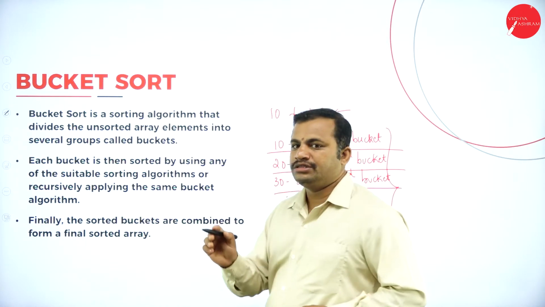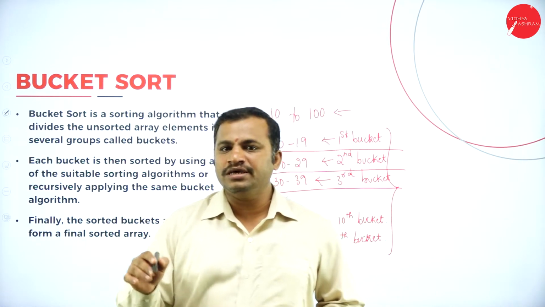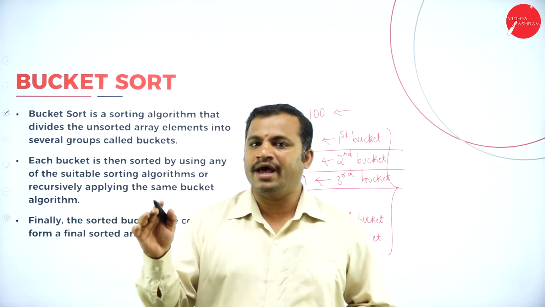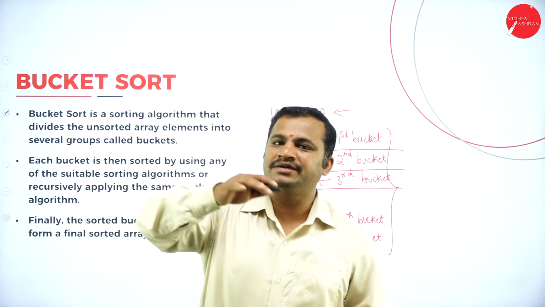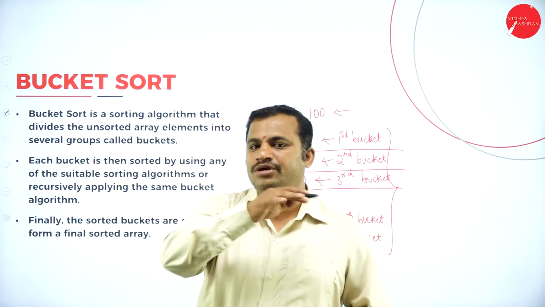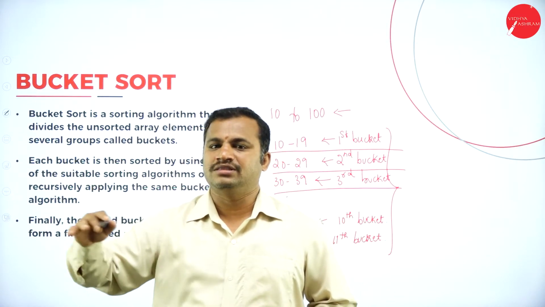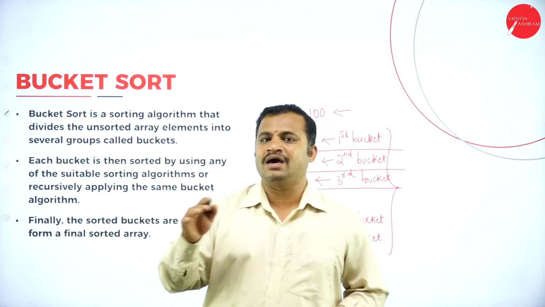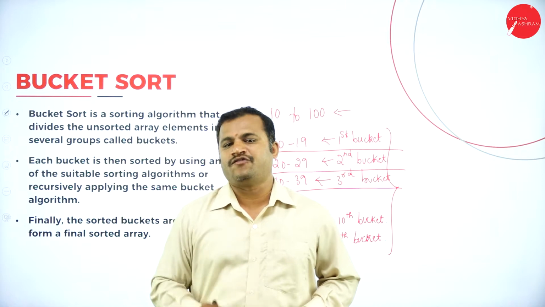So by doing this, the elements in each of the buckets are already in sorted form, so that the elements in the single array will be in sorted format.